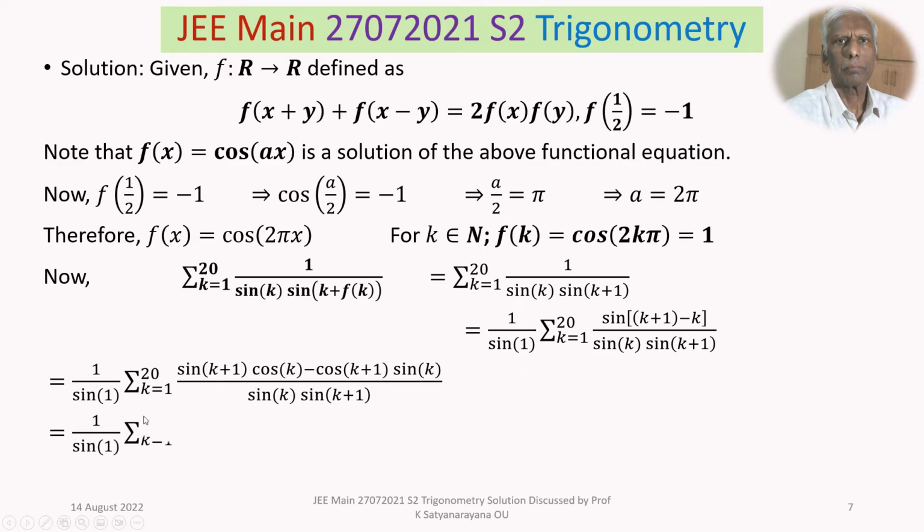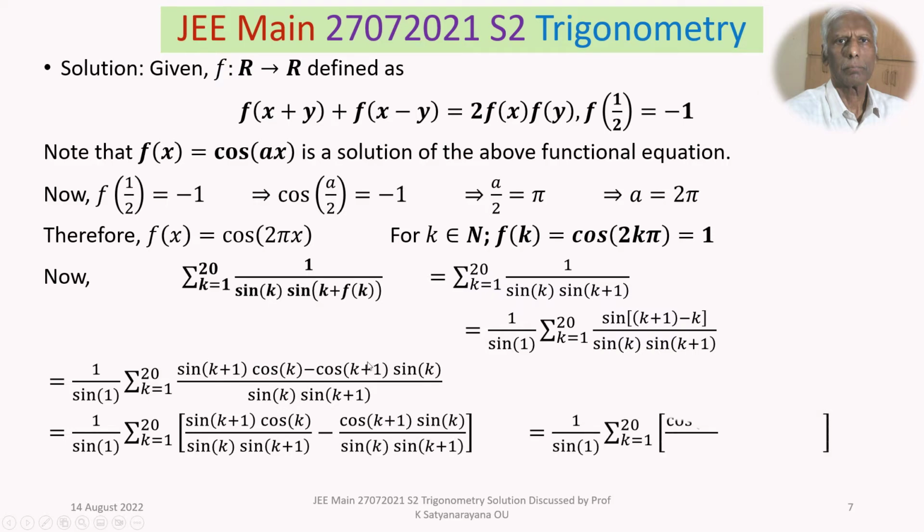Now what we do is separate them. This first term by the denominator minus the second term by the denominator. So in this one, sin k plus 1 cancels, and sin k cancels in the second term. So what is left is 1 by sin 1, sigma k equals 1 to 20, cos k by sin k minus cos k plus 1 by sin k plus 1.